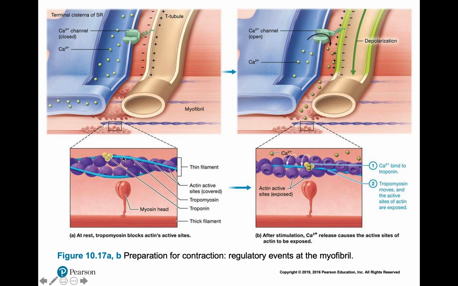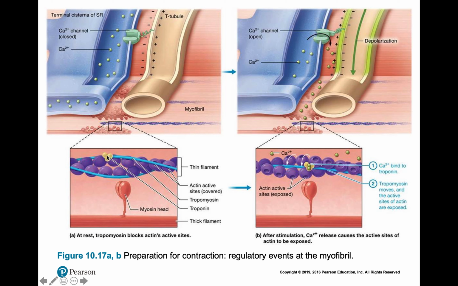So tropomyosin is the filamentous protein that covers the active sites on actin. So the actin active sites are covered by tropomyosin. That's a regulatory protein. This small globular protein made up of three subunits is another regulatory protein called troponin.